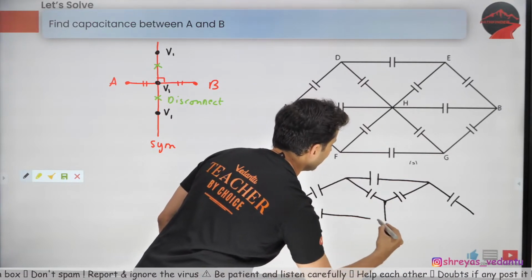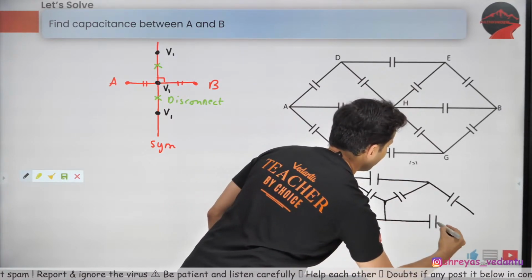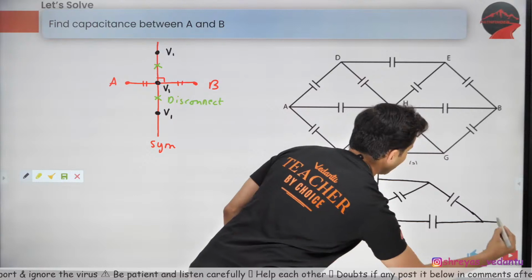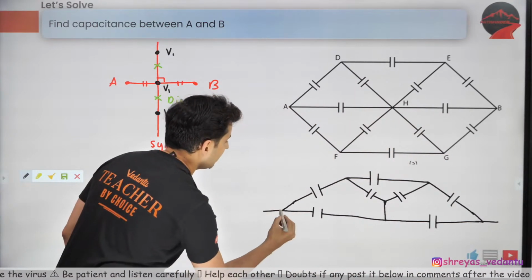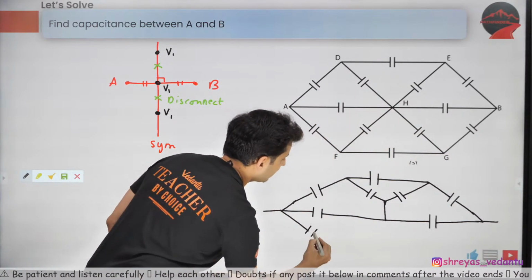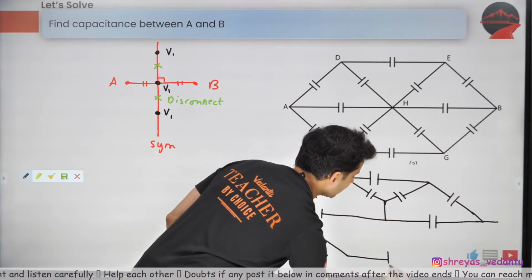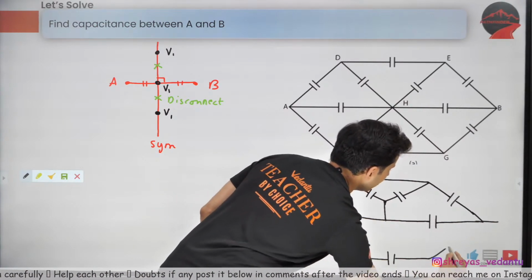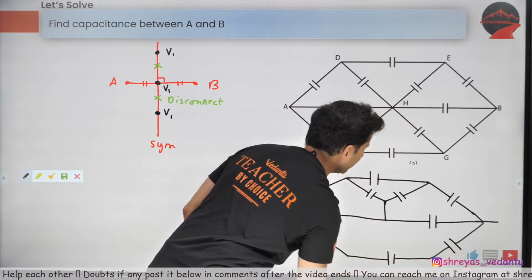I'll just draw this line like this, and this is one capacitor here like this, and that goes there, and here this is one capacitor, and I go like this is one capacitor, and here also one capacitor like this.